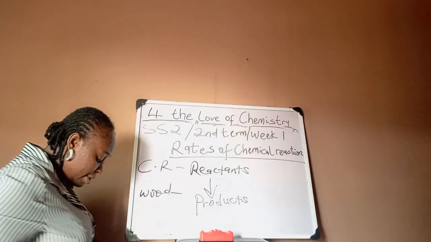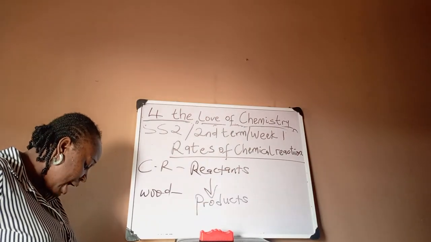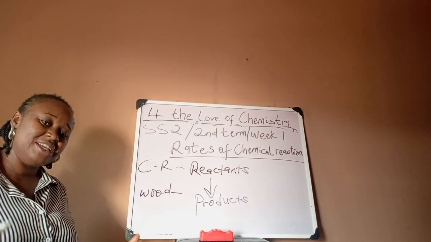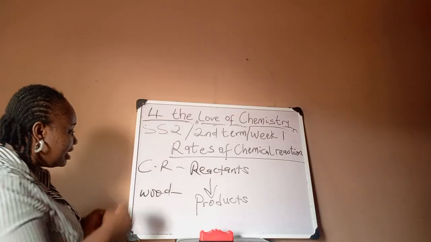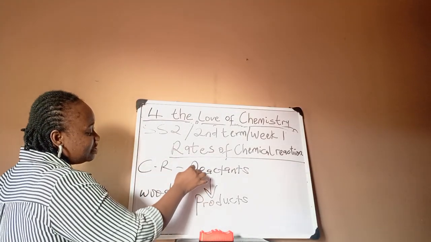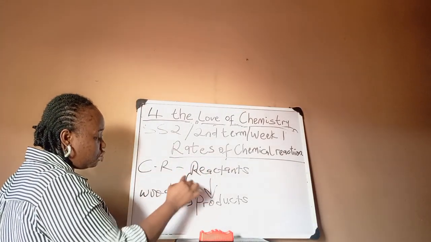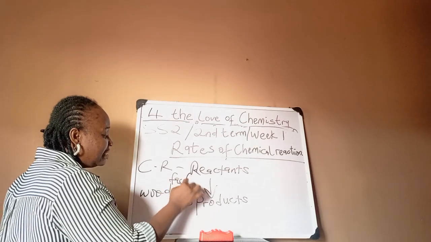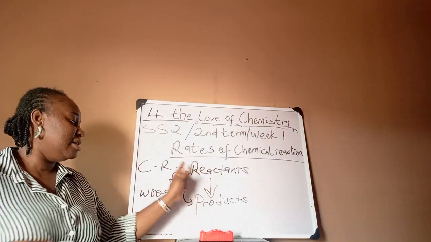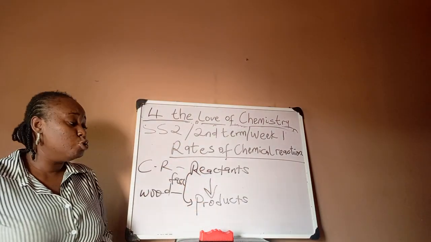Now, the other thing we check in the rate of chemical reaction is how fast the reaction goes. That is, how fast it takes this reactant to be converted to products. The timing for the reactants to be converted to products is what we also check.